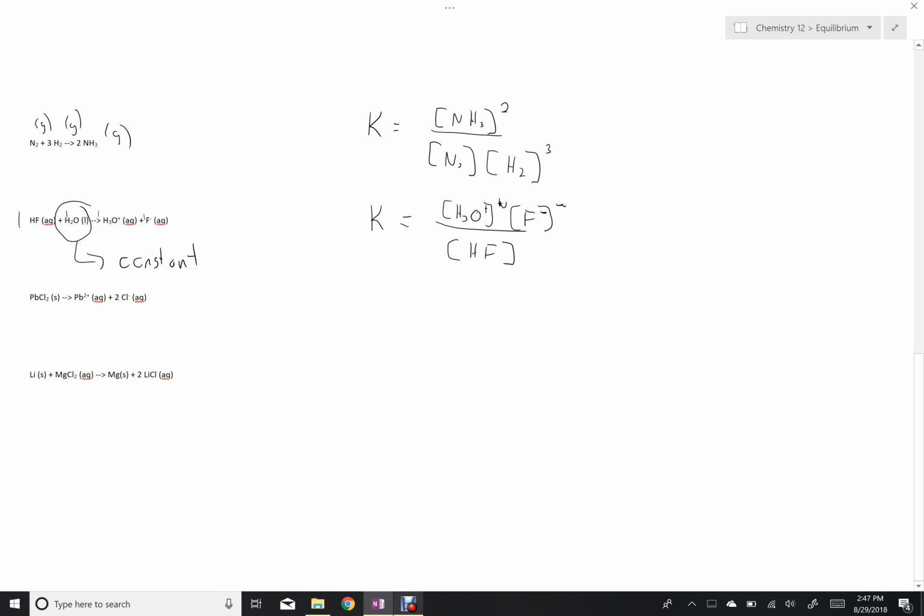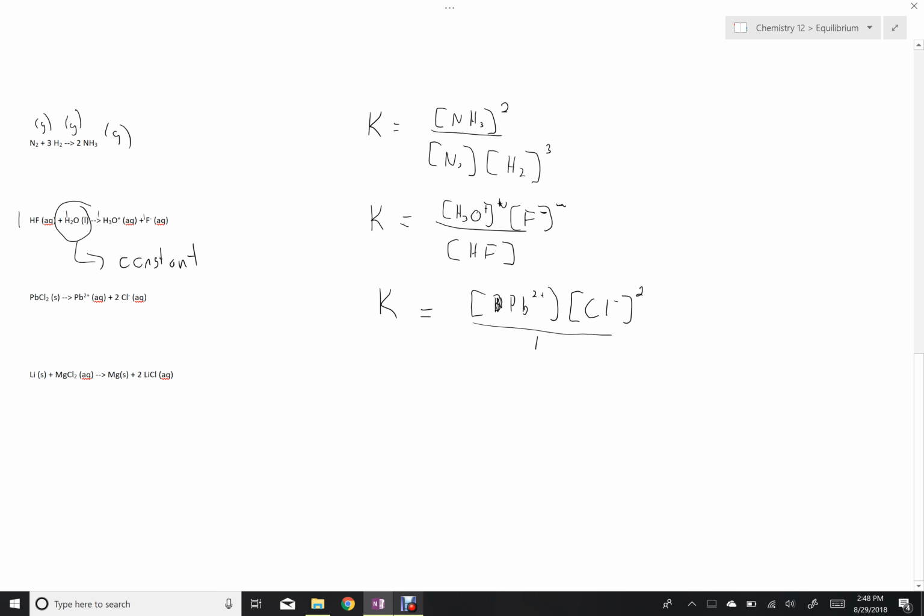Next, we're going to look at the disassociation of lead chloride. So here I'm going to have my products over my reactants. So my products are lead, or the lead ion. It has no coefficient, or it has a coefficient of 1, so I don't include it. Chlorine ion with a coefficient of 2. And here, I don't have to put this over anything.